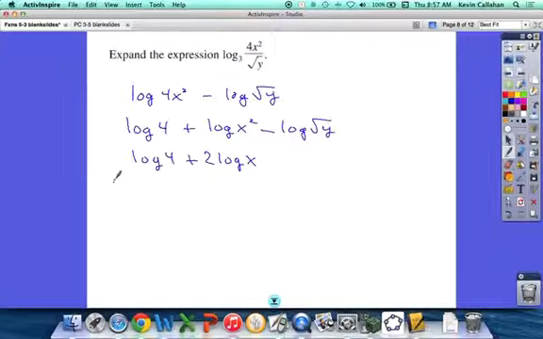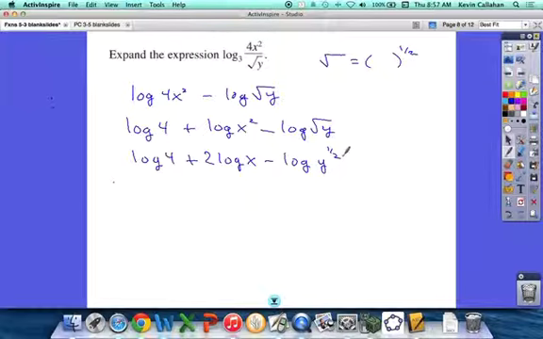And then when you see a square root, remember that square root is the same thing as raising something to the 1/2 power. So that would be rewritten like log of y to the 1/2.